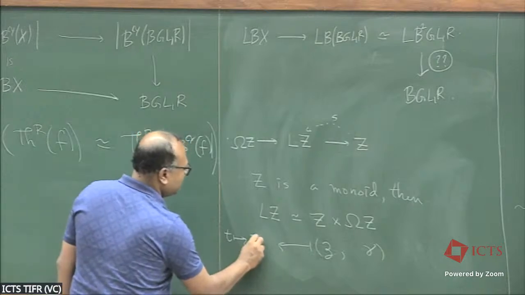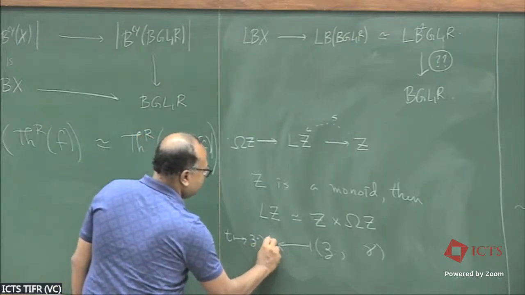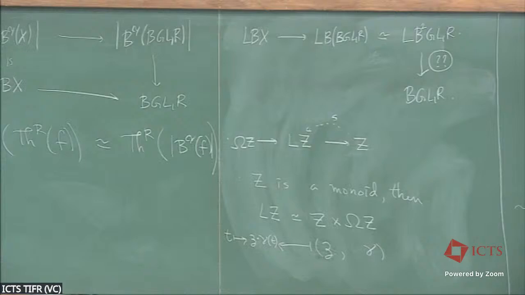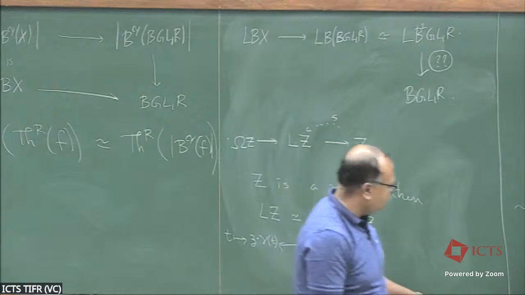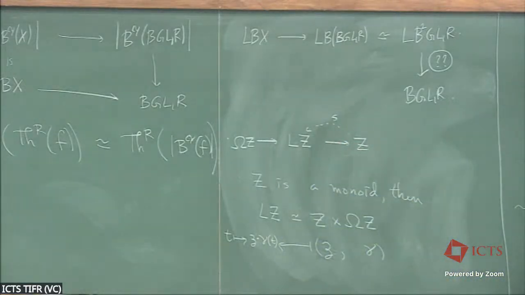Now you can use the multiplication and you can send it to the loop t goes to z times gamma of t. And you can verify by taking pi star that this is a weak homotopy equivalence. So if Z is a monoid, then we have this situation.